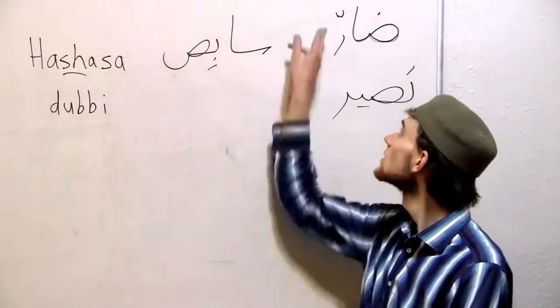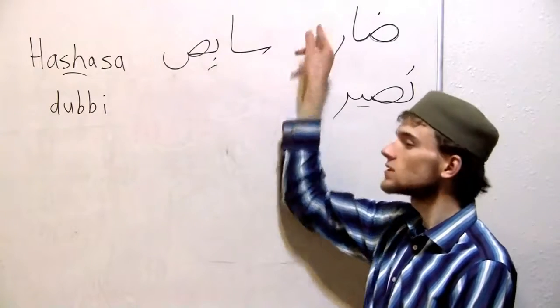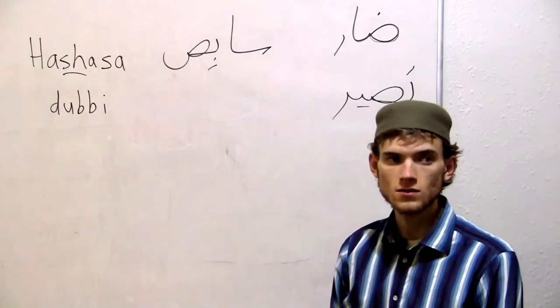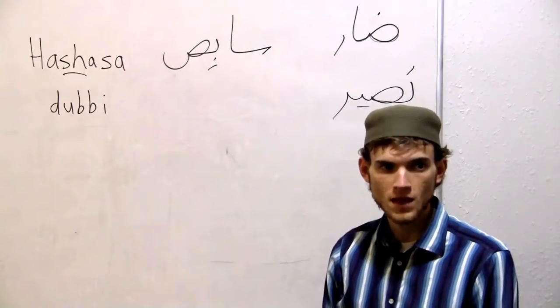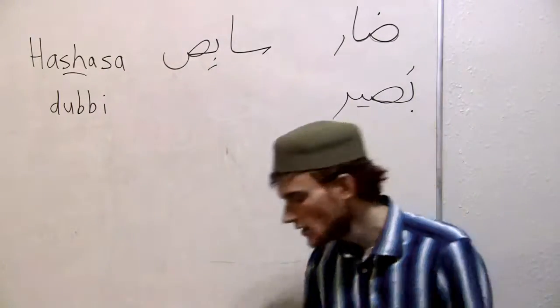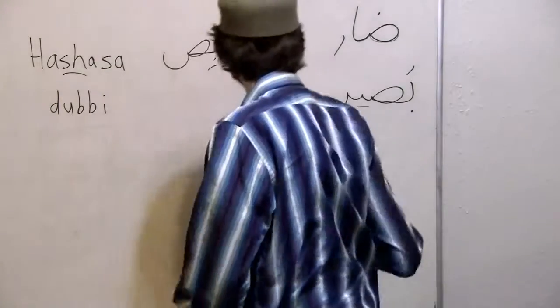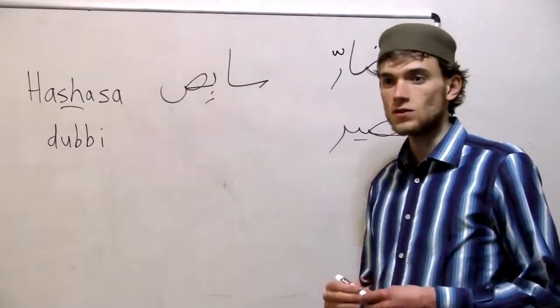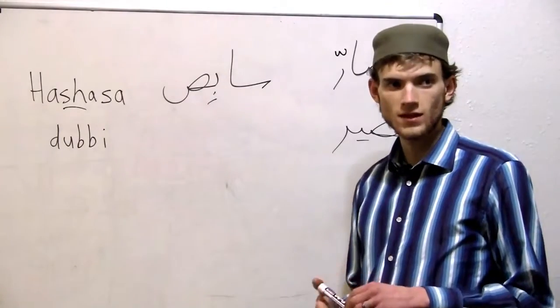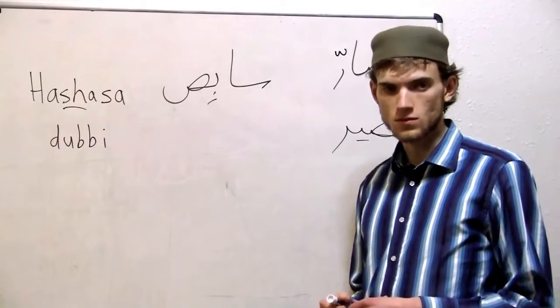So if it were this, it would be just Dar, right? Dar. Everyone say for me. Dar. But there's a shadda on it. So it's Dar, right? Everyone after me. Dar.